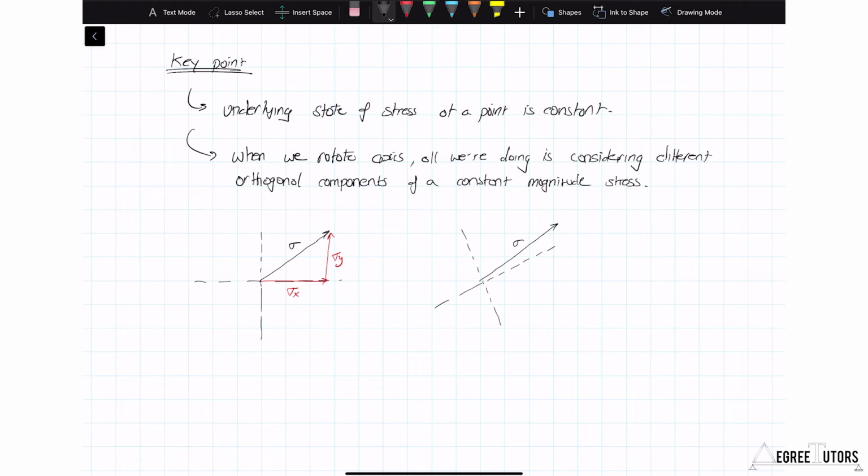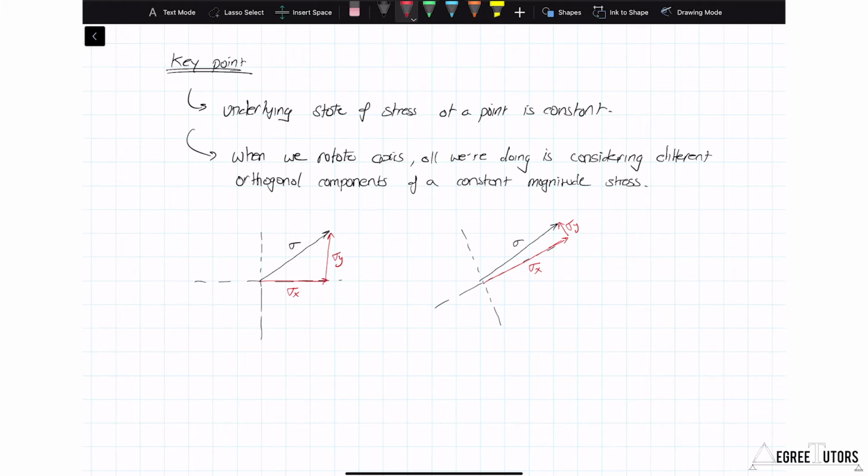The vector sigma hasn't changed, but if I consider the orthogonal components of it now, well, the sigma x component just got a lot bigger. There's your sigma x, and your sigma y component got a lot smaller. But fundamentally, those are two components of the same state of stress, the same stress vector.